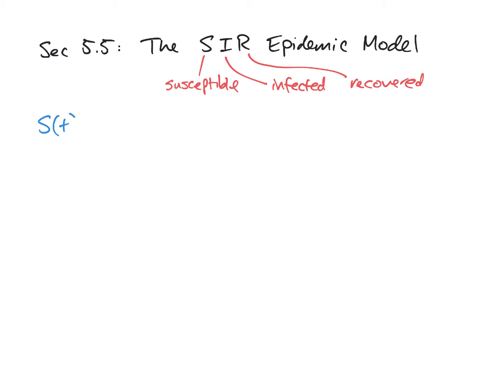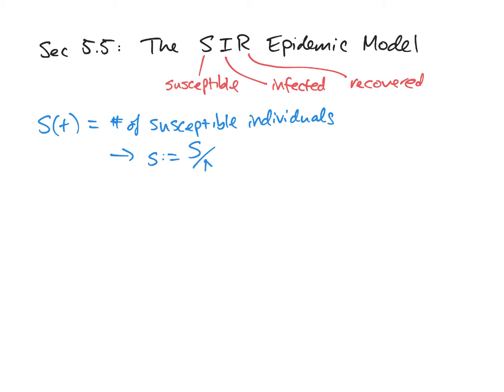So we have a quantity S of t, which is the number of susceptible individuals. And a more useful quantity is going to be little s, which is equal to big S divided by n, where n is the population size.